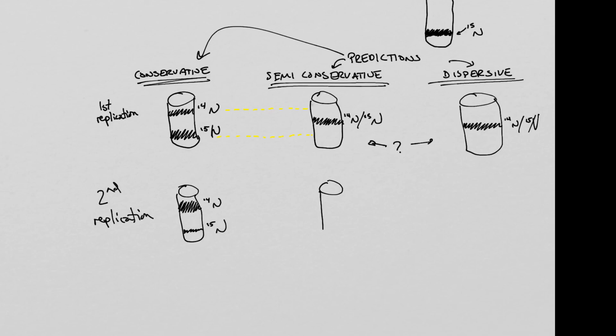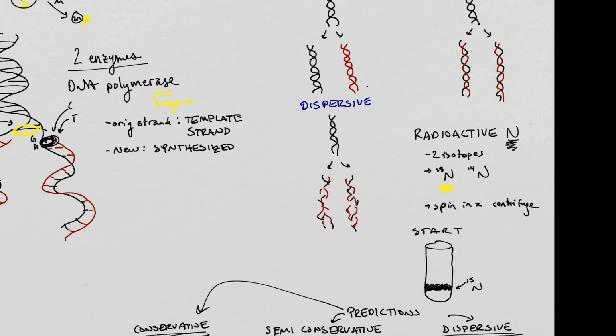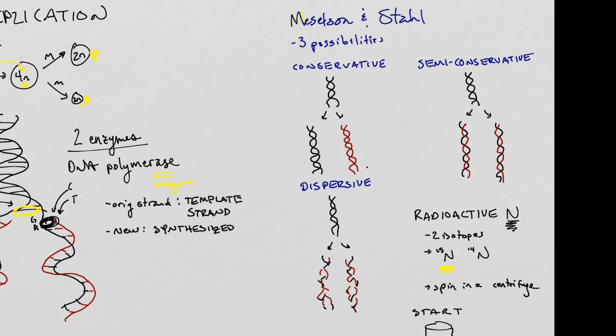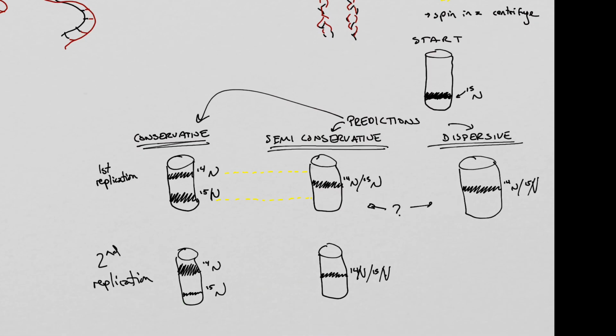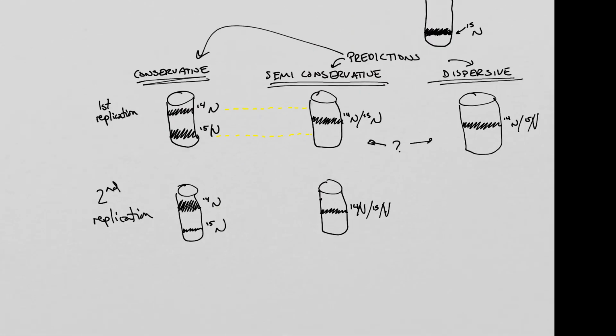In semi-conservative replication, we'll still see our line right in the middle, because there will still be DNA that contains the original nitrogen 14 with some nitrogen 15 DNA. But now, because our new DNA can only be made using the nitrogen 14, we're going to start to see pieces of DNA that are just made with that isotope of nitrogen 14.